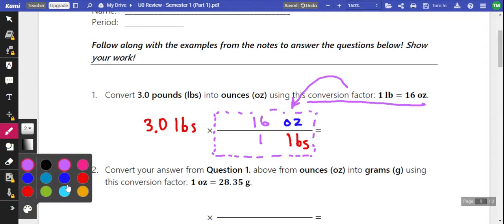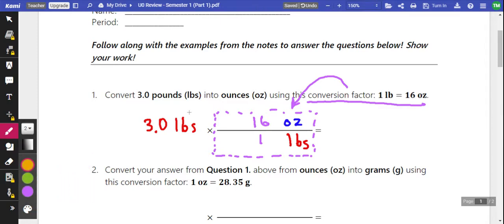So if I take, let's get a different color here, let's do orange, I guess. If I take this 3.0 pounds and I multiply by 16 and divide by the bottom, which is just 1, I should get my answer. My pounds units are going to cancel out, so what's left is just my ounces answer.